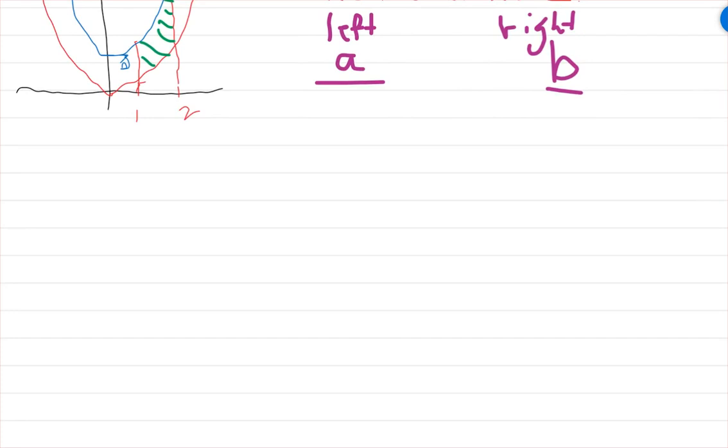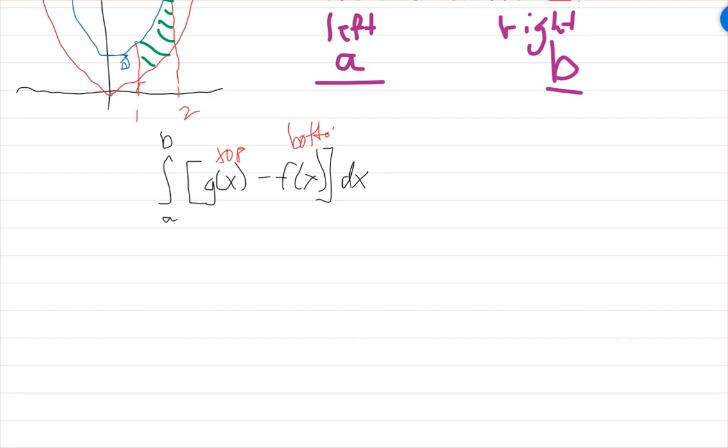Remember our formula, the integral from a to b of g of x minus f of x dx. And we said specifically that g had to be the top function and f had to be the bottom function.